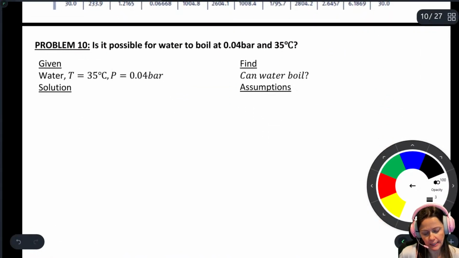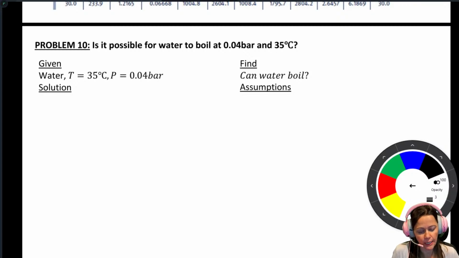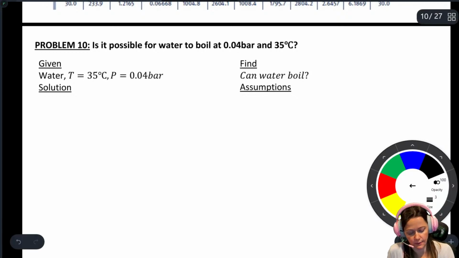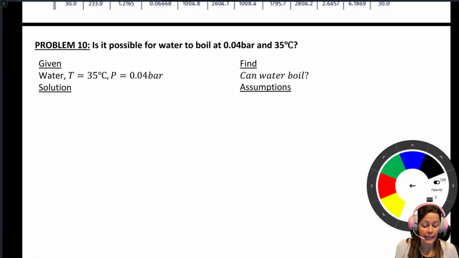So problem 10, is it possible for water to boil at 0.04 bar and 35 degrees Celsius? So I want to know, can the water boil? I've put my substance, what it is, in the given, and then any properties that I know about it. And so what we're really asking is, can it be two-phase, right?